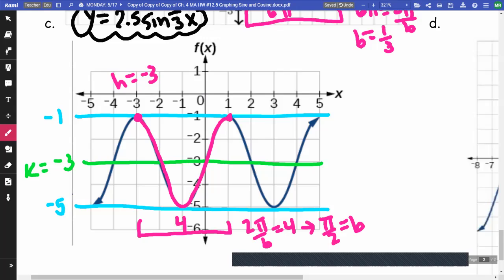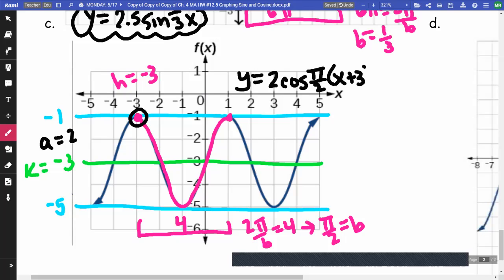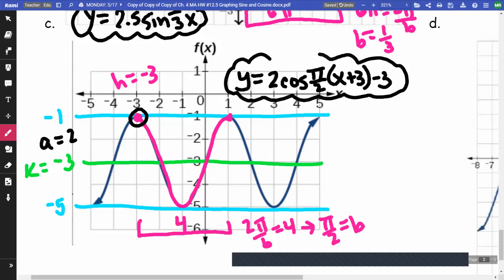That is my b. So if I'm doing this as a cosine graph, starting here, y equals positive, my A is going to be 2, a +2 because I'm going high to high, cosine pi halves, and I'm starting at -3, so it's x plus 3, and we dropped it down, so that'll be a -3, and that would be our equation.